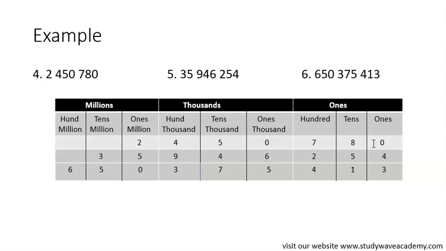Good. The next figure we have 35,946,254. We are to place this figure in the place value system.